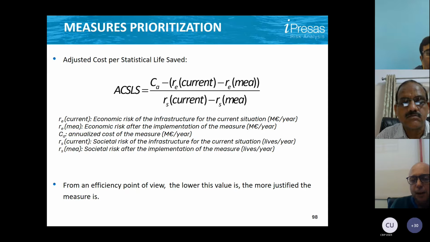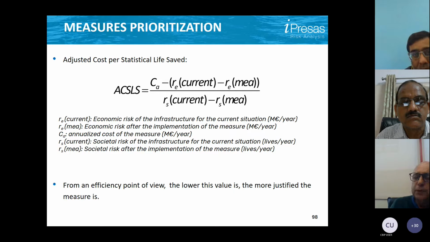And you divide it by the societal risk before the investment, current, and after the investment. And everything is in euros or dollars per year. So you can add, subtract, or divide. And at the end, it is something like the marginal cost of saving one life.